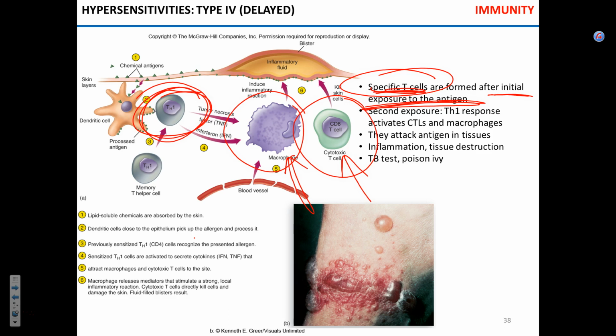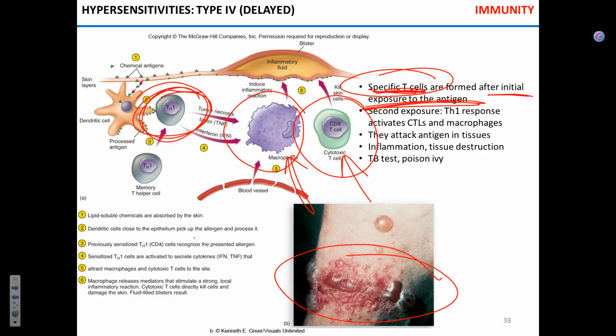Same goes with poison ivy. When you're exposed to poison ivy the first time, you don't know about it. That's your first exposure. That's when T cells are formed. When you're exposed to it a second time, then when this response is produced, that is the moment when T cells and macrophages start to attack the skin that was exposed to poison ivy, causing massive inflammation and skin destruction and so on and so forth.